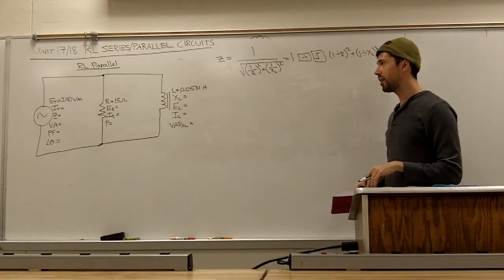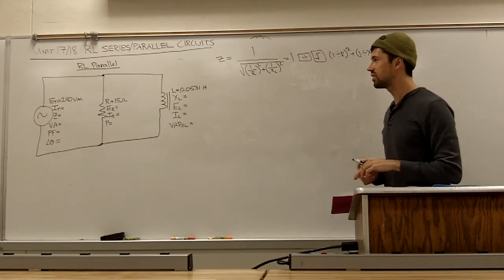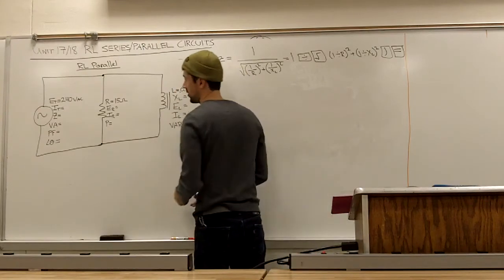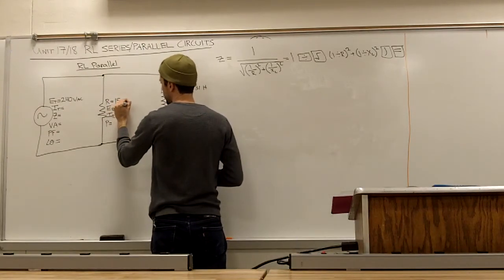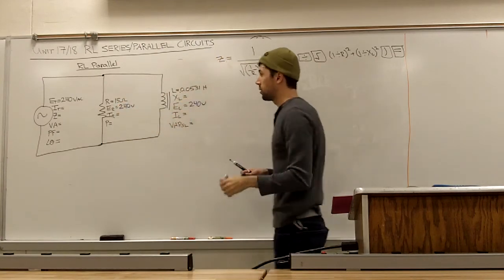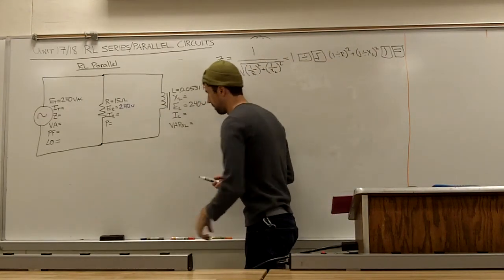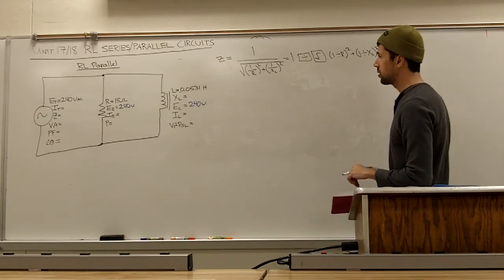Remember, important rules for parallel circuits. Number one, most important rule is that the voltage stays the same. So if you have one voltage value, you now have the rest. So I have 240 volts here, and I have 240 volts here as well. So now it is up to us to find the rest of the circuit values.